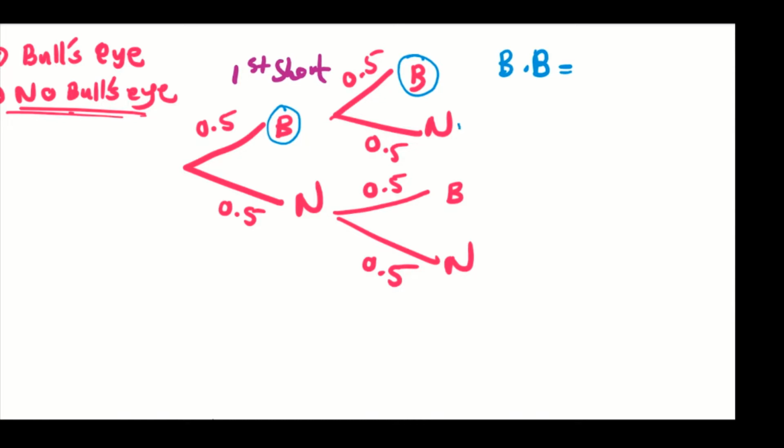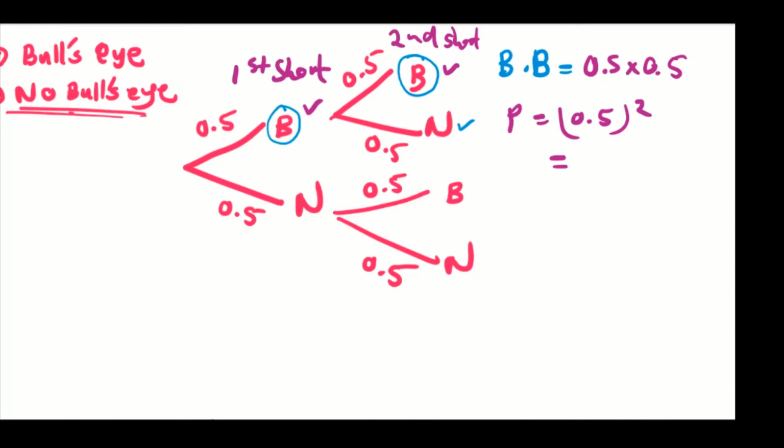You cannot choose this one, because it means that in his second shot he missed. So for the second shot, we consider only this one here, which is 0.5 times 0.5. So the probability is 0.5 squared, which gives us a solution of 0.25. So 0.25 is the answer for this problem.